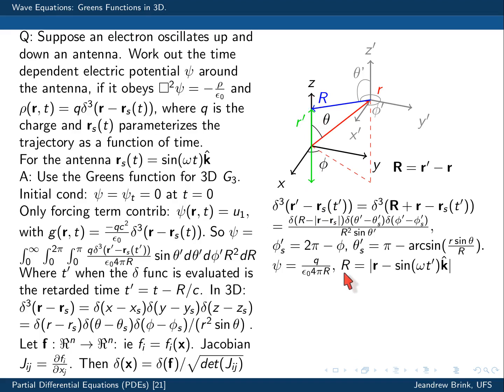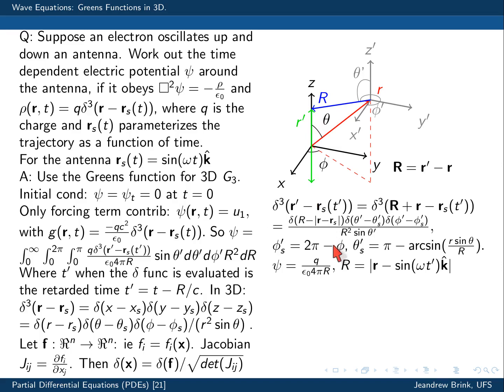So we have that r is equal to this norm, so it's basically r minus sine of omega t prime. It's r minus r prime, the only place at which the forcing function is non-zero. But this r prime is moving up and down this antenna over here.